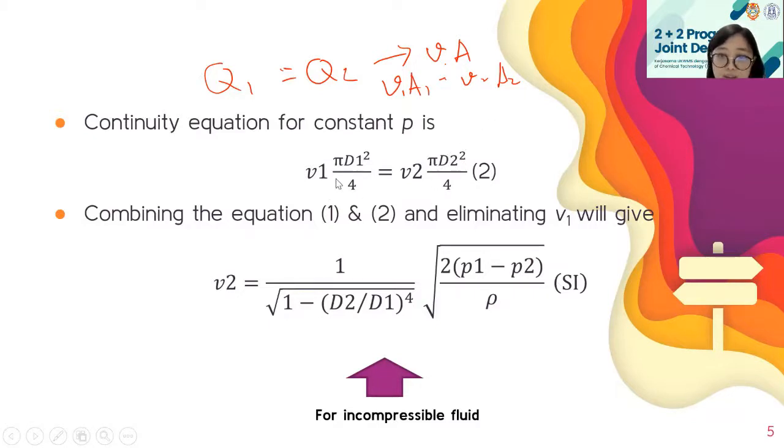Now, by using the first equation in the previous slide, the Bernoulli equation, and this equation, equation 2, after I combine both, with substitution and also mathematical arrangement, I can get this equation.